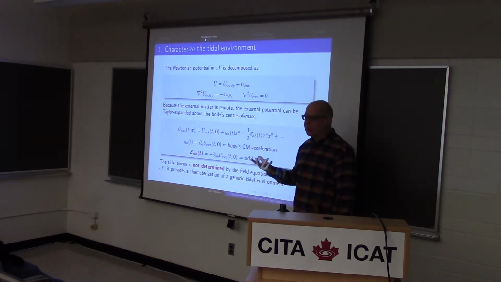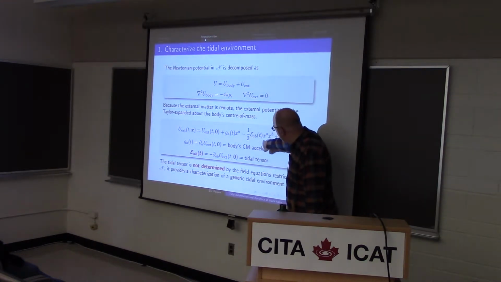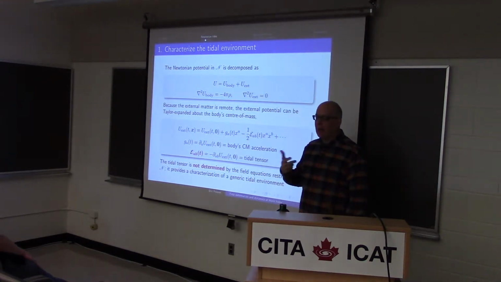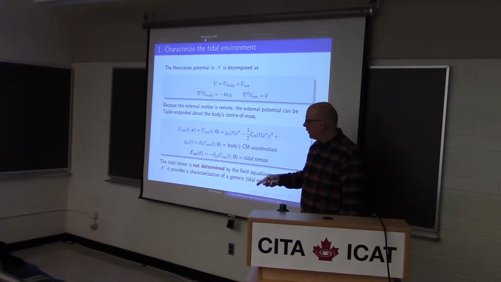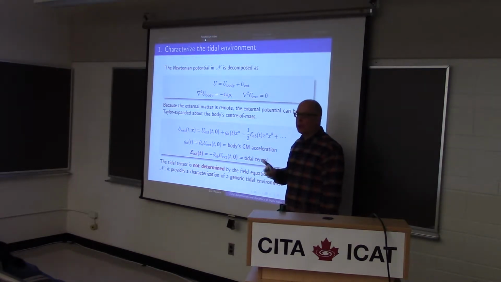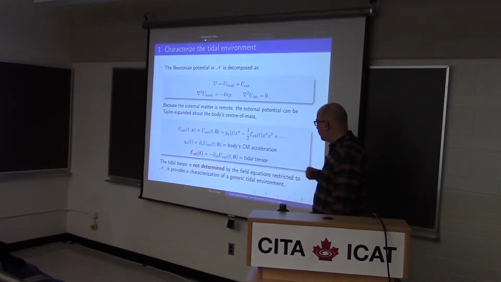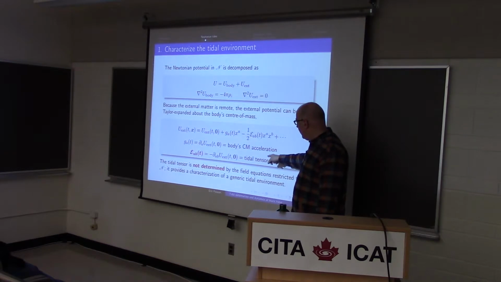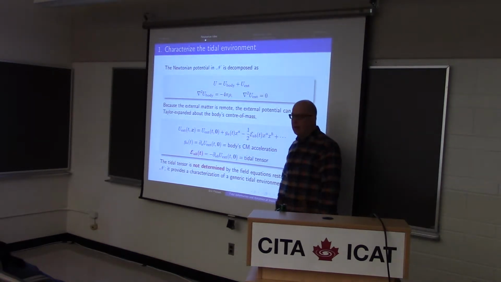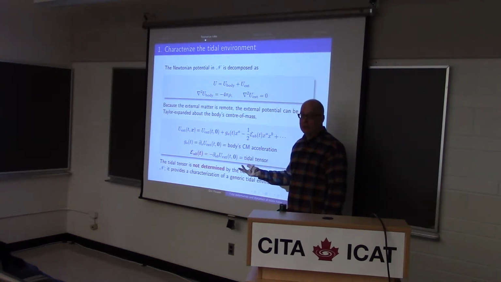But for my purposes, this is what is providing all the information I care about, the tidal environment. And for my purposes, it's just a free function of time, or a collection of free functions of time. It's a tensor. I call it the tidal tensor. For technical reason, associated with this equation right here, it's actually a symmetric trace-free tensor.